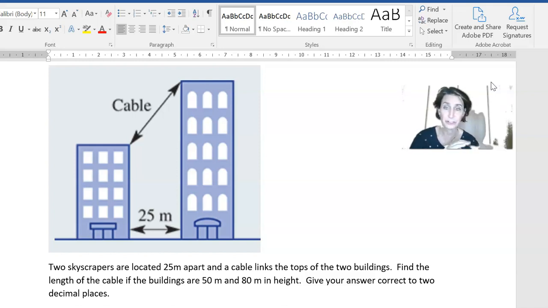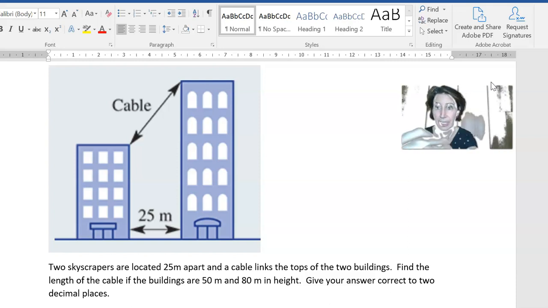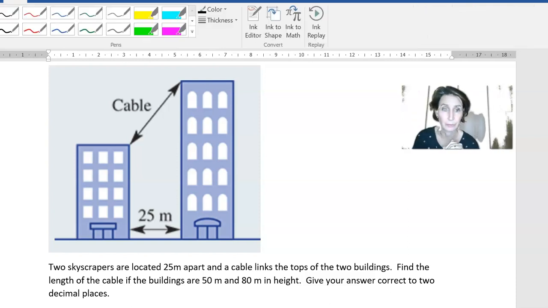Well, there's a beginning of a drawing here for us, okay, but I don't see any right angled triangles there. The question that we are trying to find out is how long is this cable here? So that's what we need to think of. And also, we now need to figure out where our right angled triangle is and find out what the measurements are.